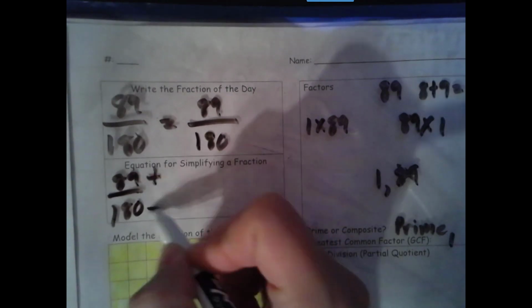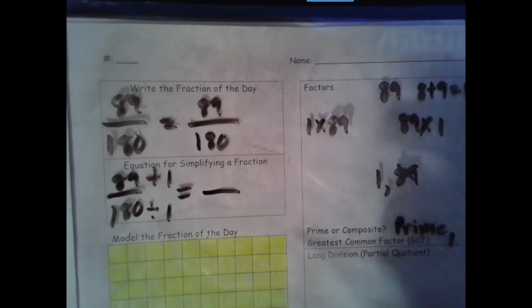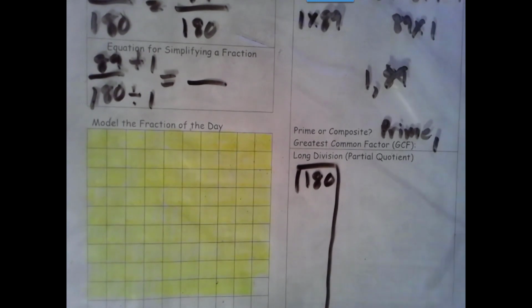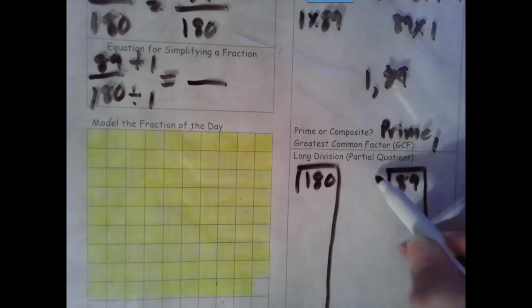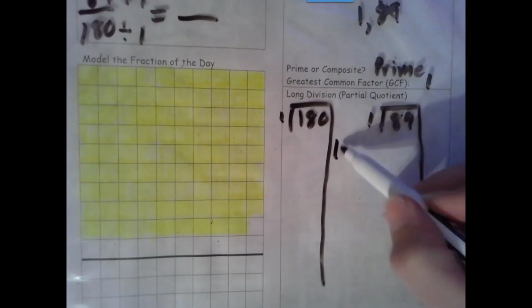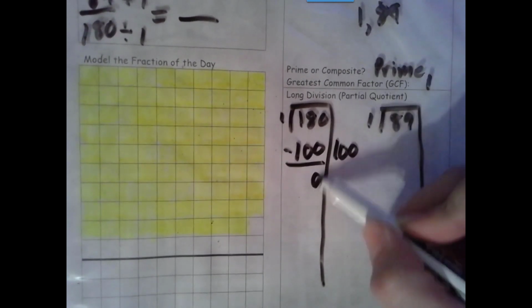I'm going to divide each one by 1. Okay, 1 times 100 is 100. Numbers the same, zeros the game.